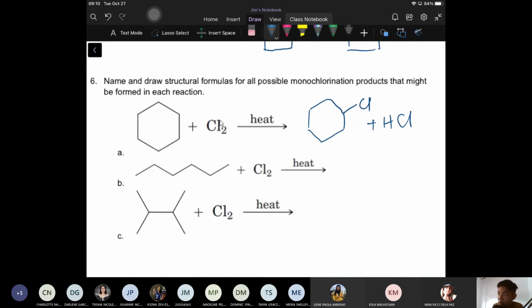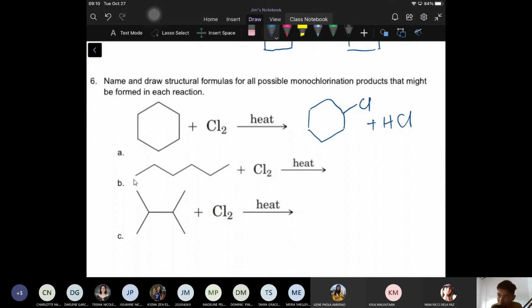Mapapartner niya yung katabing Cl doon. Basically, nag-switch lang sila ng partner. Every time the partner switches, we call them substitution reaction sa organic chemistry. Substitution reaction, papalit lang ng partner. Okay, so that's one product.